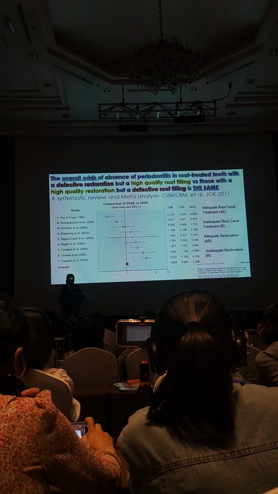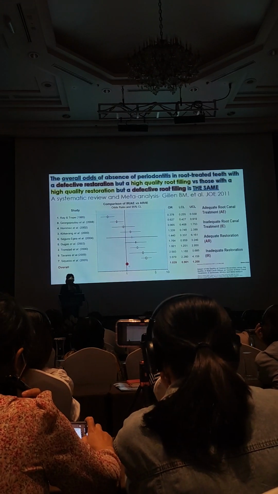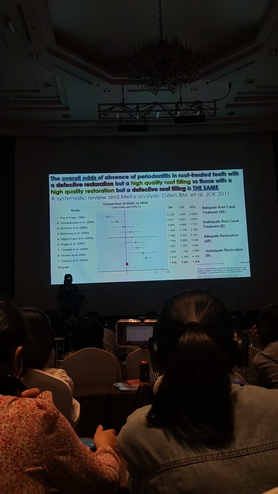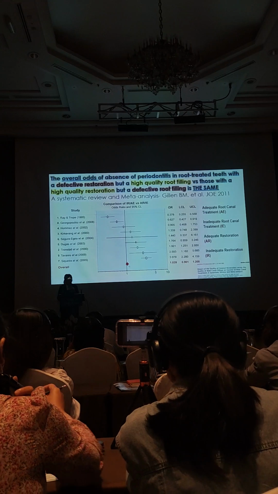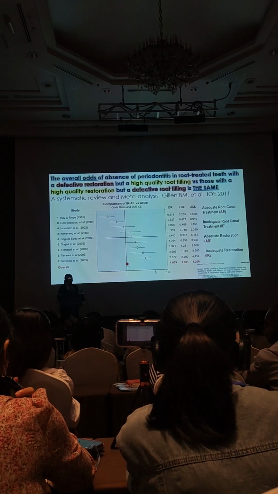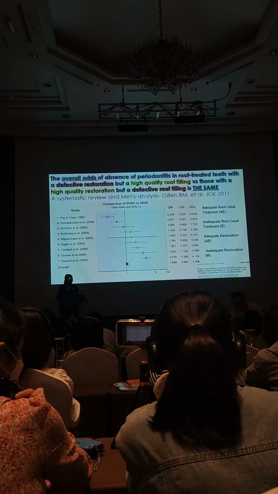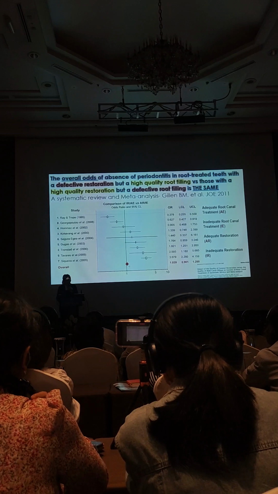However, if you look at the systematic review, the overall odds of absence of periodontitis in root-treated teeth with a defective restoration but a higher quality root canal filling, versus those with a high quality restoration but a defective root filling, is the same.